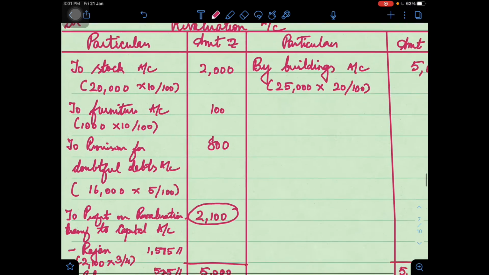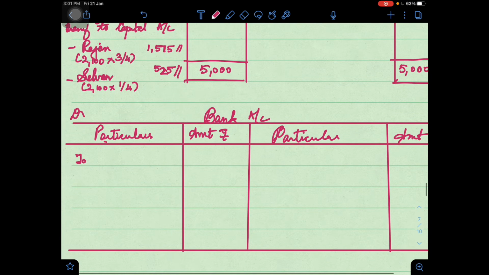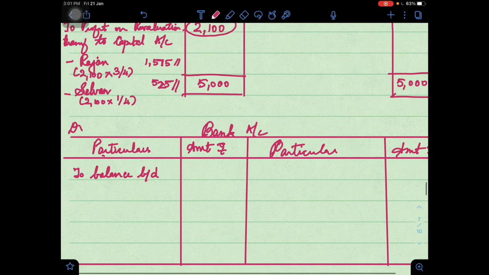That means there is already some balance of cash in the bank, which we call the opening balance, to balance drawn. So the bank amount is 12,500, as shown. First I write that entry.